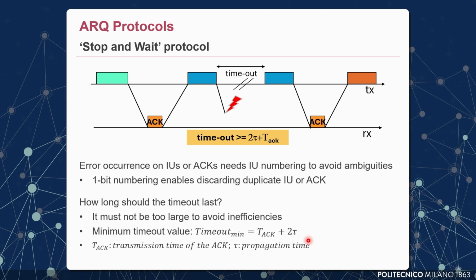We have 2 tau in the formula because we have the propagation time from the transmitter to the receiver, which is 1 tau, and the propagation time from the receiver to the transmitter, which is again tau. Therefore, the minimum value of the timeout is TAC plus 2 tau.